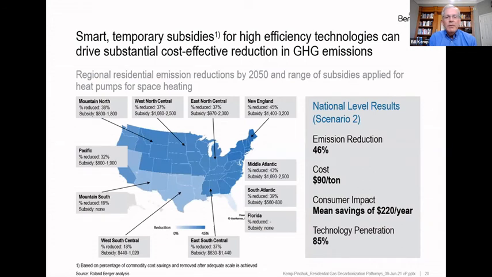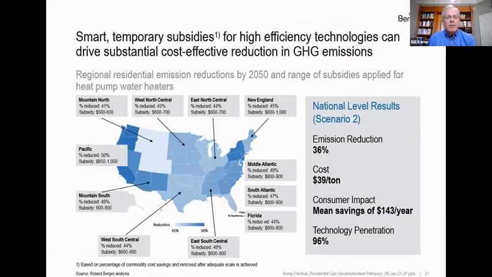I won't go over these for the sake of time, but as you might expect, the volume of reductions was highest in the colder states that were heavier gas users. Assuming rational economics, there is quite high penetration of more efficient gas heat pumps, a very high penetration of gas water heat pumps, and significant savings.